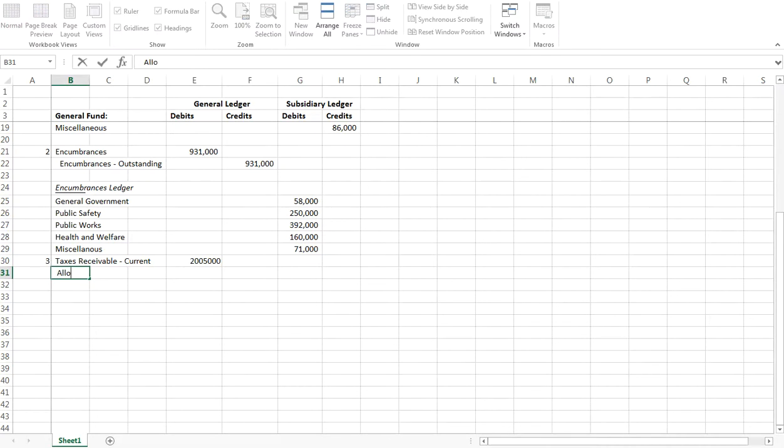We have an allowance as was given to us in the problem. Make sure when you do these you're paying attention to the current, because that makes a huge difference in the way these are recorded and represented in the financial statements. The difference between the two would be our revenues. Our allowance was given to us at $65,000, which leaves $1,940,000 as revenue.